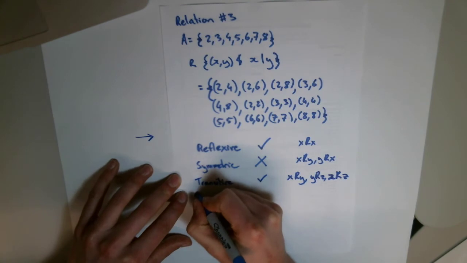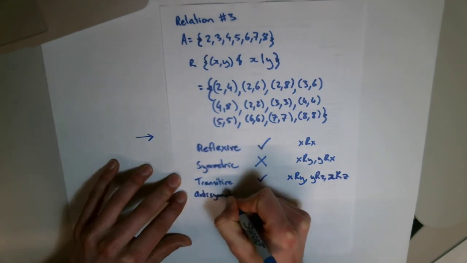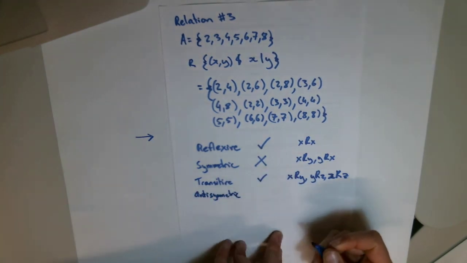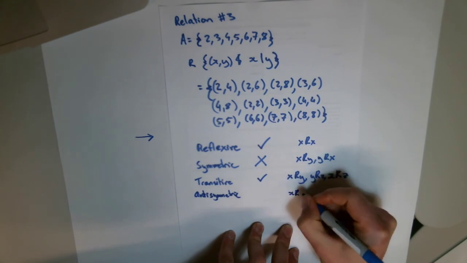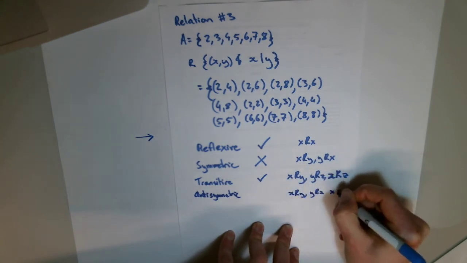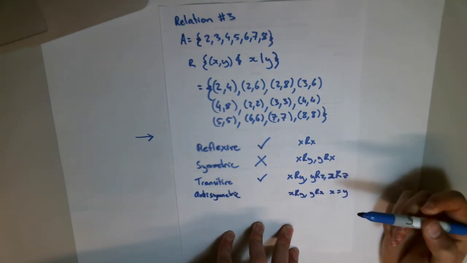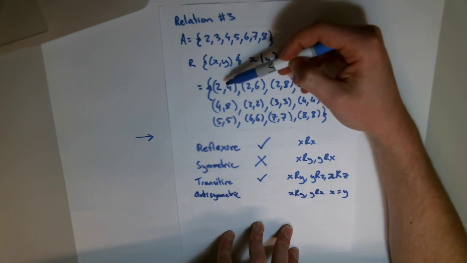And finally, we're checking whether it's anti-symmetric. Again, as a reminder, our anti-symmetric condition is if x maps to y and y maps to x, then x must be equal to y. So we've got 2 to 4, and we don't have a 4 back to 2.